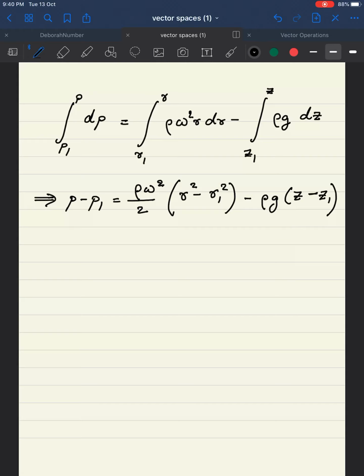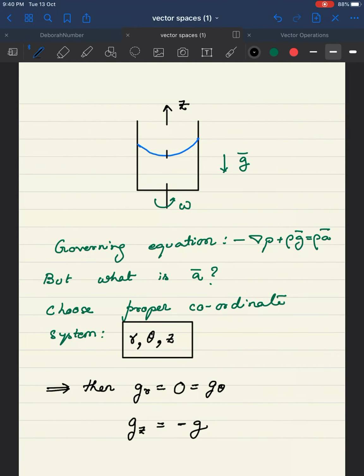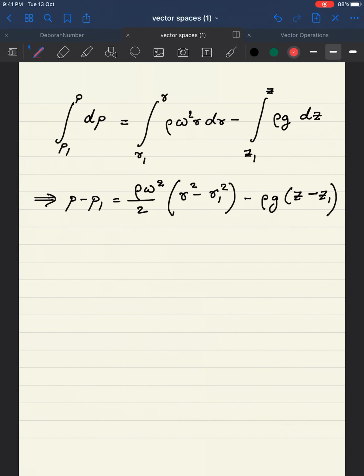Now we haven't said what P1 is, right? So we just need to figure out a proper form. So let's just quickly go back to this diagram, and let's say that at the center, this particular height is h1. Then at r equal to 0 and z1 equal to h1, we have P1 equal to P atm, the atmospheric pressure, right?